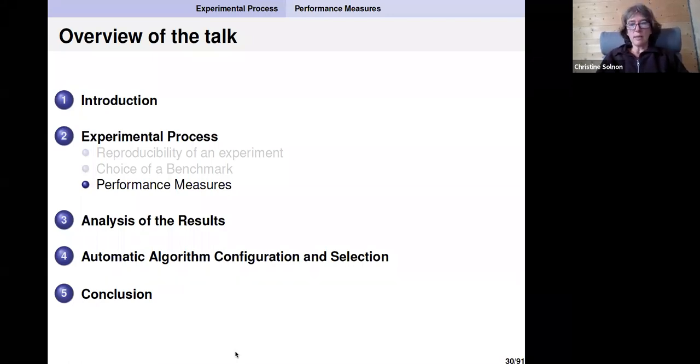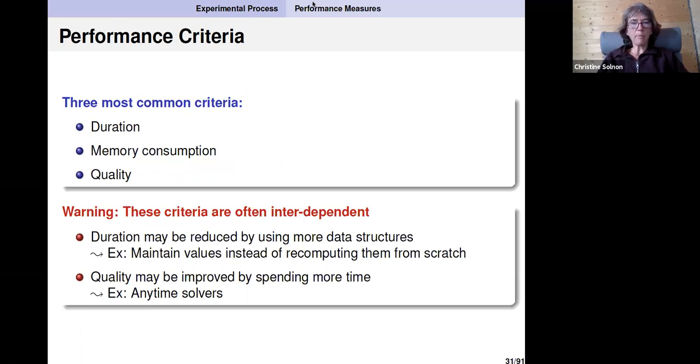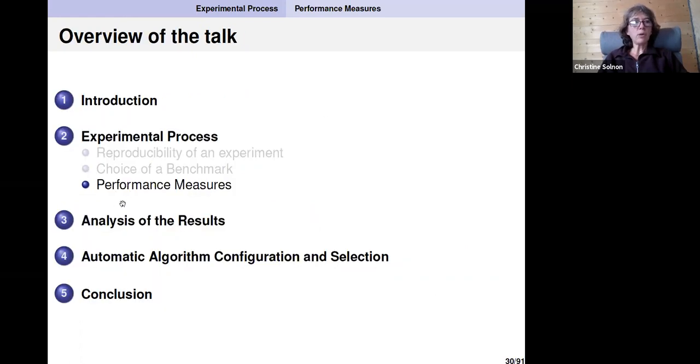So next part of the talk, I am going to very briefly discuss this now, and we will have more examples when analyzing the results.